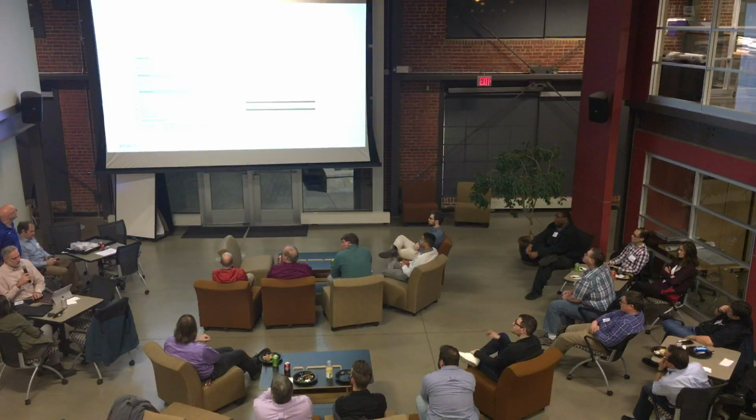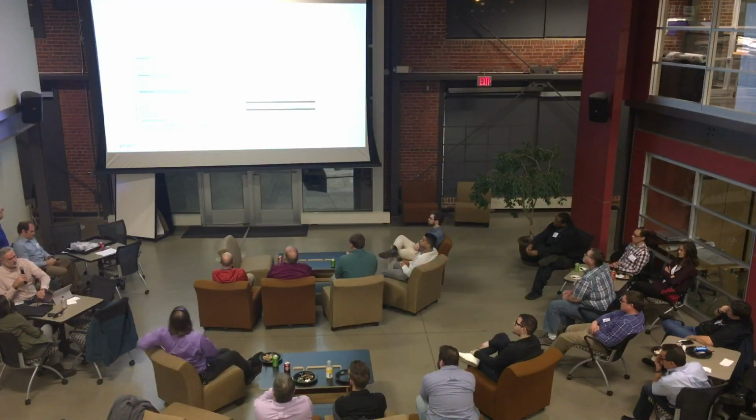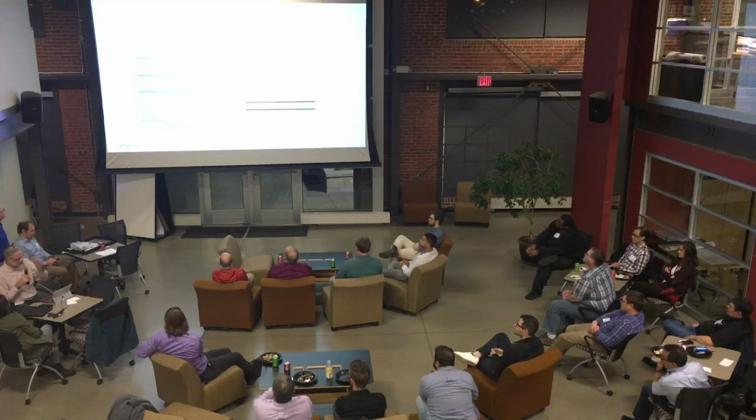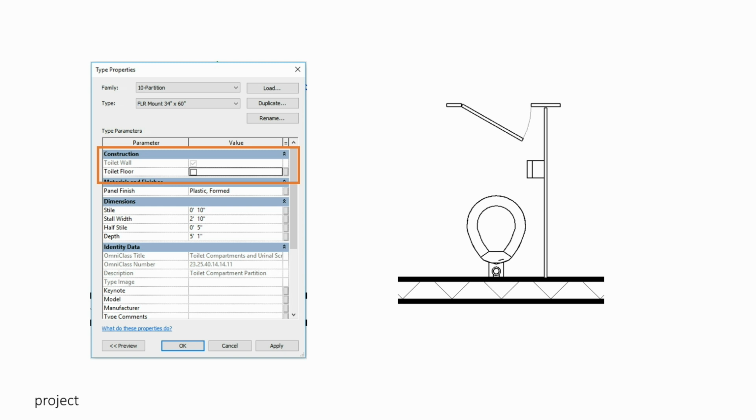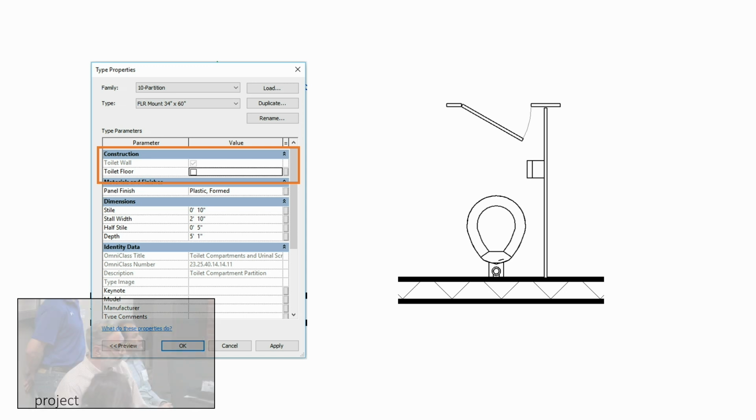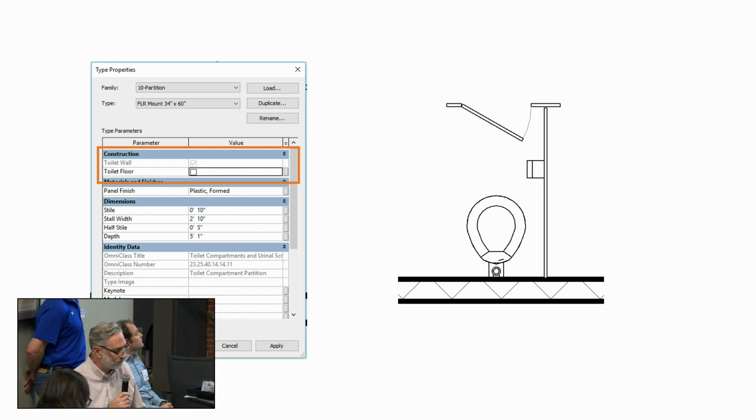Actually, that's a good point. So we actually do change it as a type parameter. I didn't show it as such, but you will see here at the very top it says floor mounted. And even though I have floor mounted unchecked, that was more for purposes of the presentation.